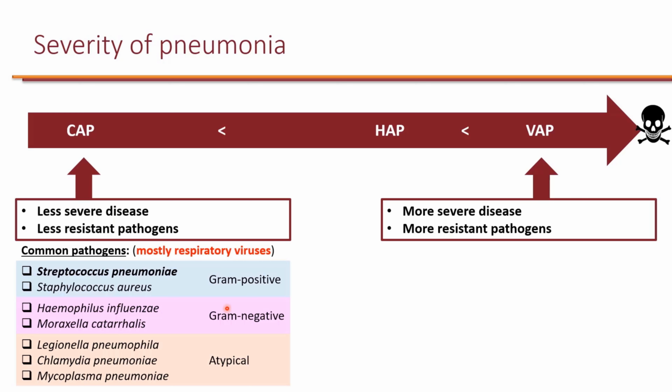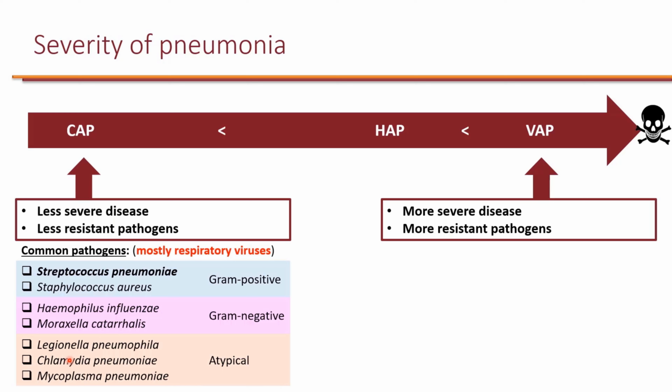There are a couple of gram-negative organisms that are likely to cause CAP, Haemophilus influenzae and Moraxella catarrhalis. Of note, these two pathogens in the United States are likely to produce beta-lactamases, so that's important to keep in mind when we select treatment. And lastly, there are atypical organisms that can cause community-acquired pneumonia, such as Legionella, Chlamydia pneumoniae, and Mycoplasma pneumoniae.